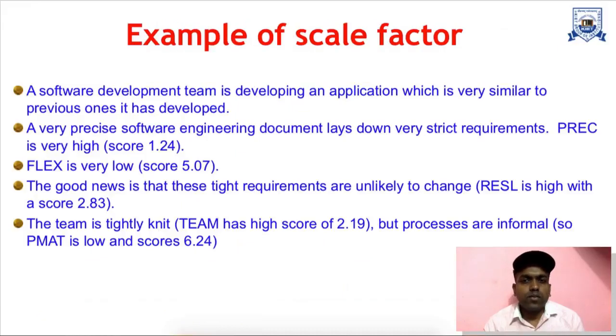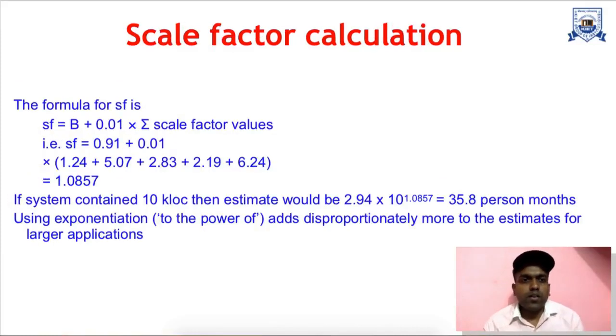In this way we will take the values from this table, and after taking these values we can calculate the scale factor by using this formula. What is this? B plus 0.01 into the scale factor values.